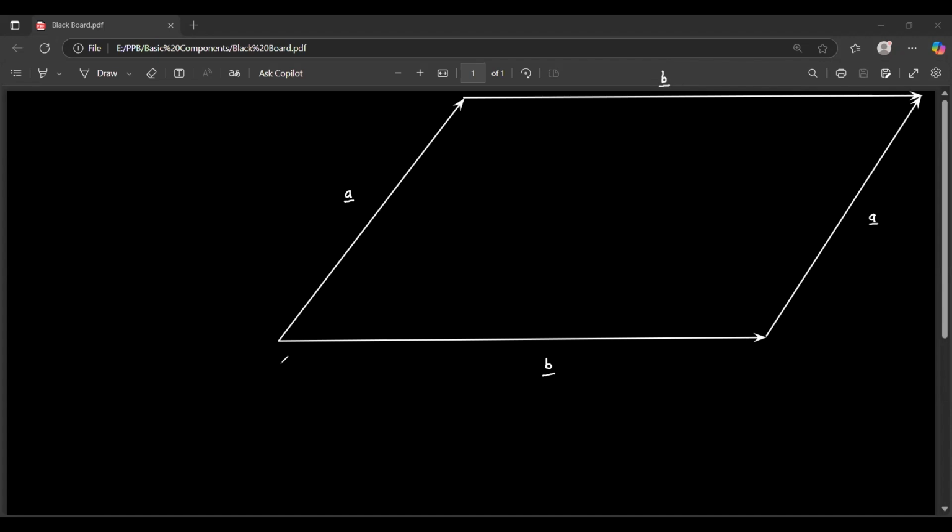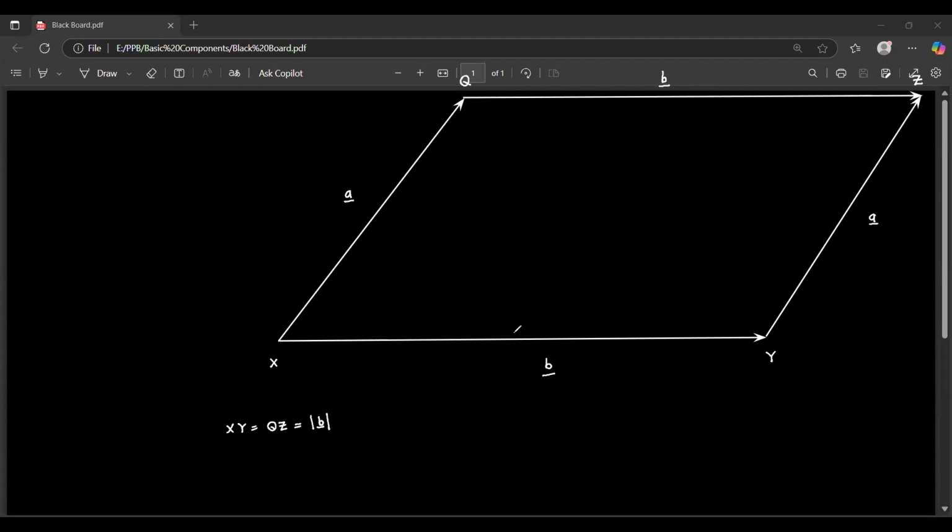Well, let's name this parallelogram quickly. Let's say this is ABCD. No, it's confusing. So let's name it as X, Y, Z, and Q maybe. So here, XY is equal to QZ, which is equal to the modulus of vector B. Do you agree with me?